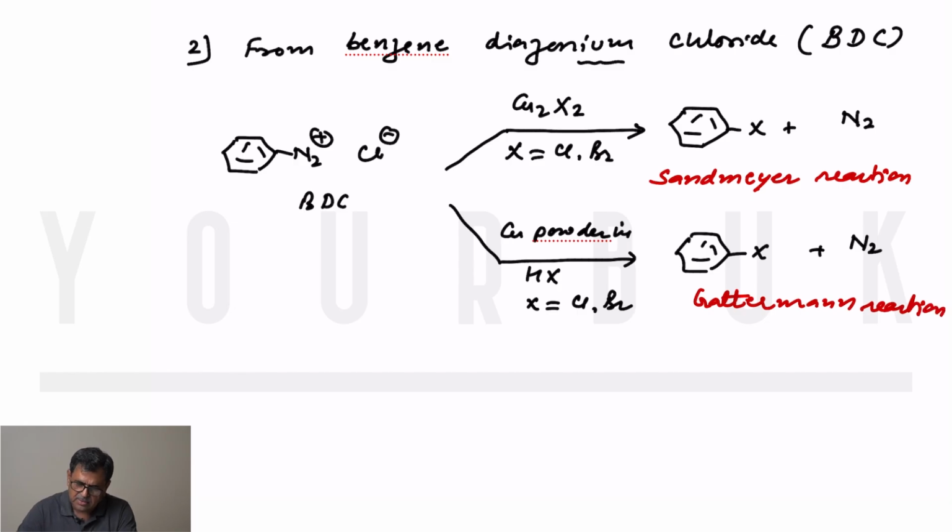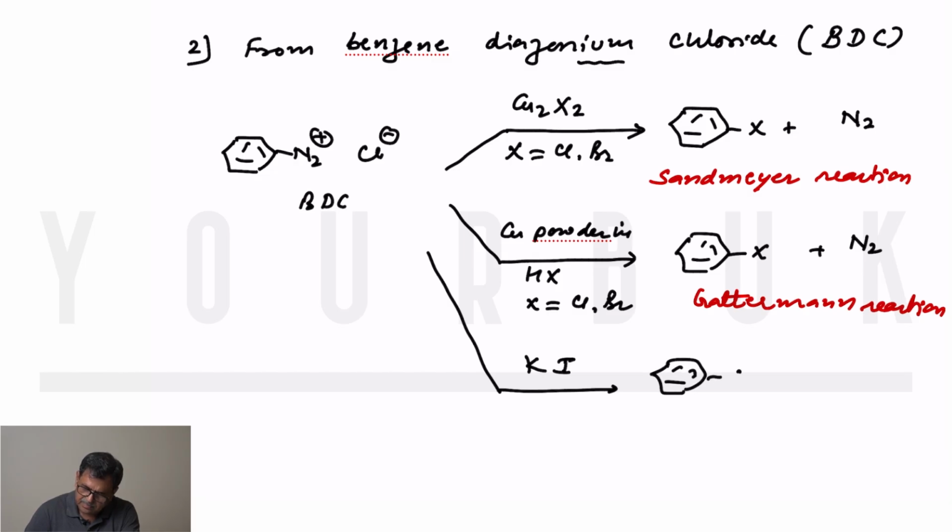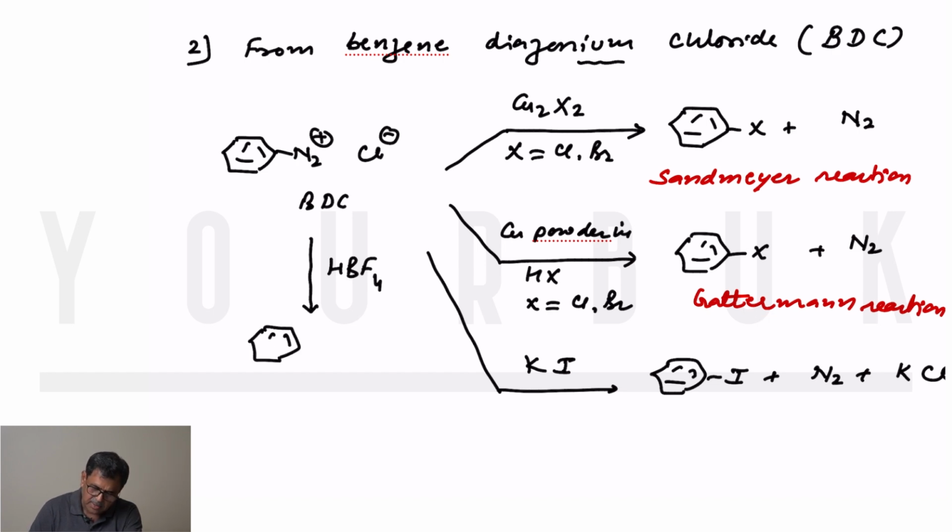Now, iodobenzene can also be obtained by reacting this with KI. It decomposes to give iodobenzene, liberates colorless, odorless nitrogen gas, and the side product is KCl. Now, if you want to prepare fluoro, we react the benzene diazonium chloride first with HBF4, which is called fluoroboric acid. It gives another diazonium salt, which is bulkier than the first one.